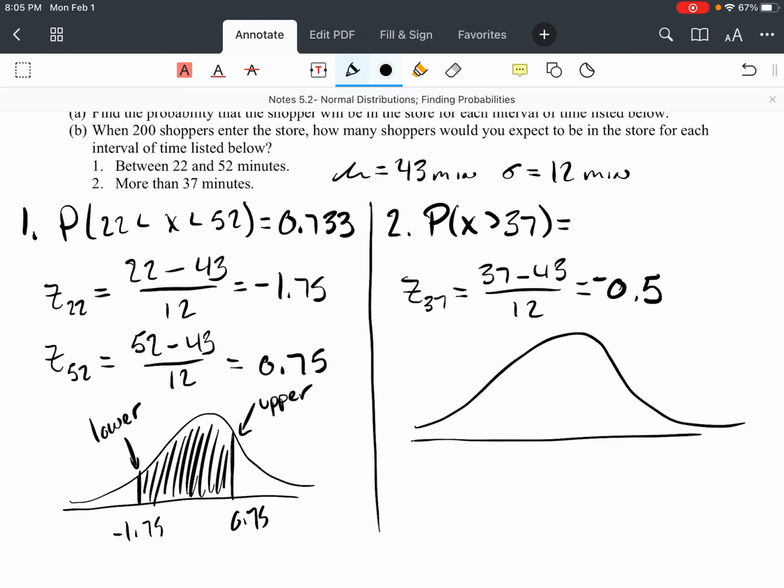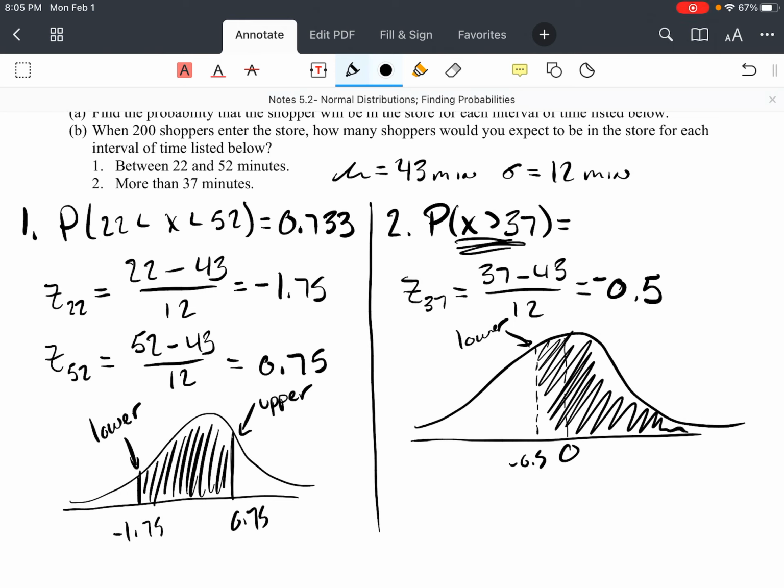Then using your calculator, let's illustrate what's going on here. The z-score is behind the average. So here's the average, 0. The z-score would be somewhere back here, negative 0.5. We're looking for the area greater than that z-score, so it's going to be back up here. We're looking for all of this area here. This would be our lower limit.